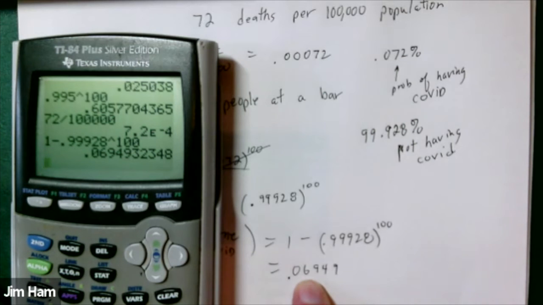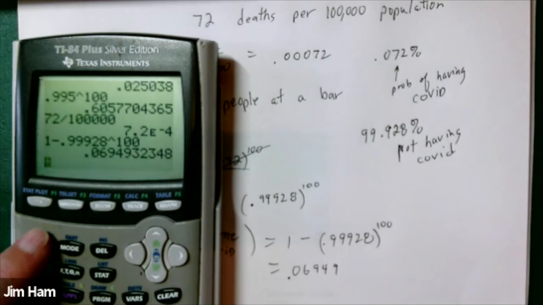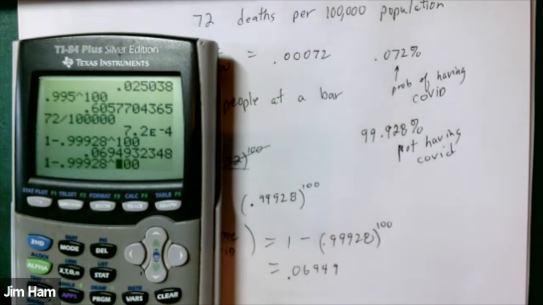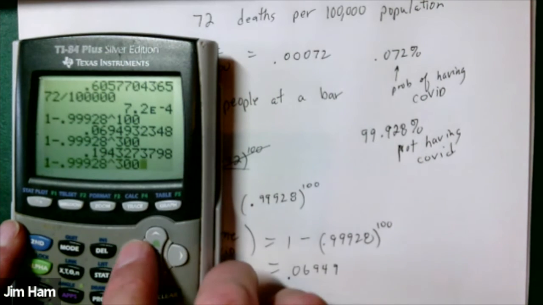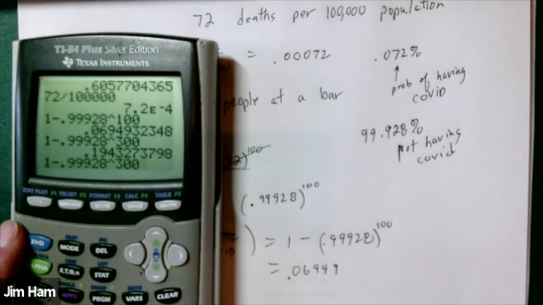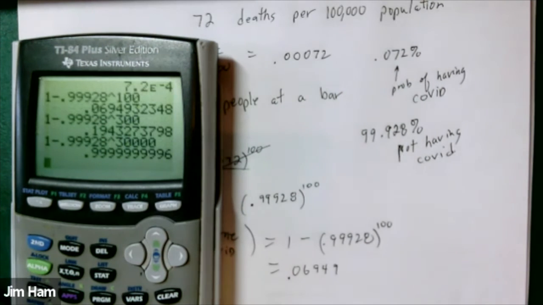But if you go to that same bar, or maybe it's a wedding, and there are 300 people, let me change this probability to 300. Then there's a 19% chance. And the larger the crowd, like let's say you go to the Lions game and they have 30,000 people there. If they have 30,000 people, then the probability that someone is infected is essentially a certainty.